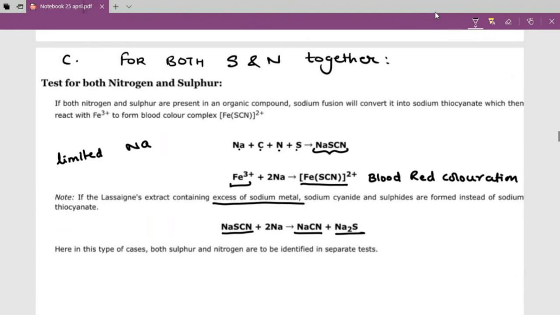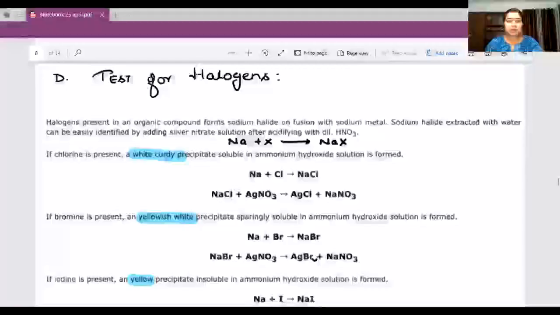Okay, we completed what happens if sulfur and nitrogen are present together. Now, if the given compound has halogen in it, then what would be the reactions?